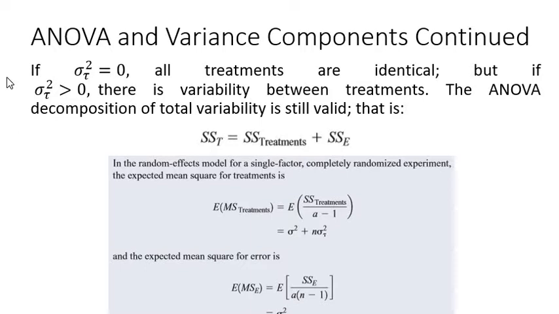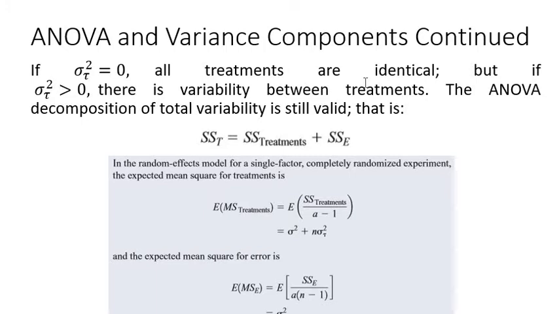Okay, so here, if the sigma squared sub tau is equal to 0, all treatments are identical. Remember that. Meaning, if we do not reject the null hypothesis, all treatments are identical, meaning there are no differences in all treatments.